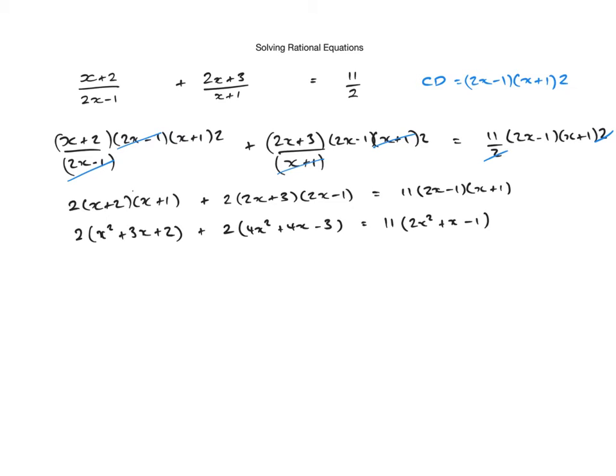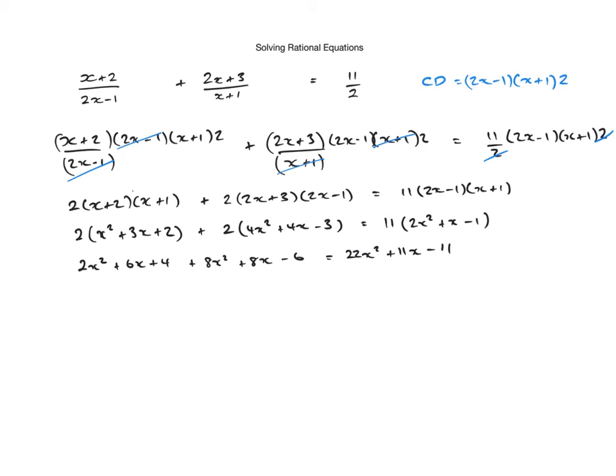Next we need to multiply out the brackets again to get 2x squared plus 6x plus 4, plus 8x squared plus 8x minus 6, is equal to 22x squared plus 11x minus 11.